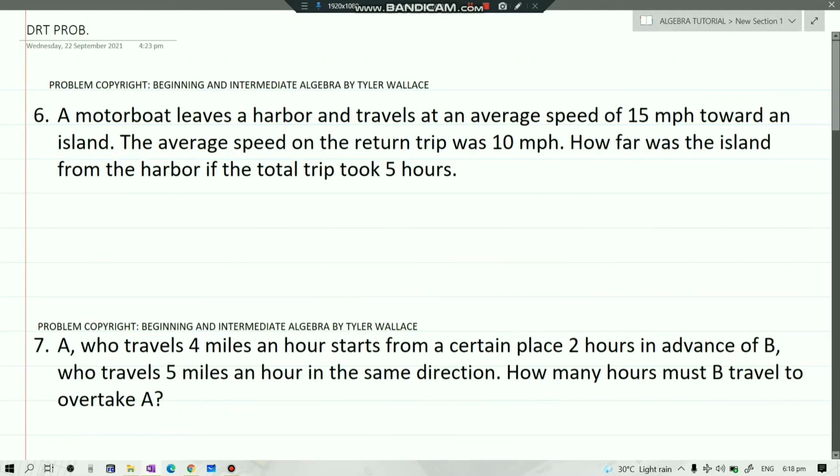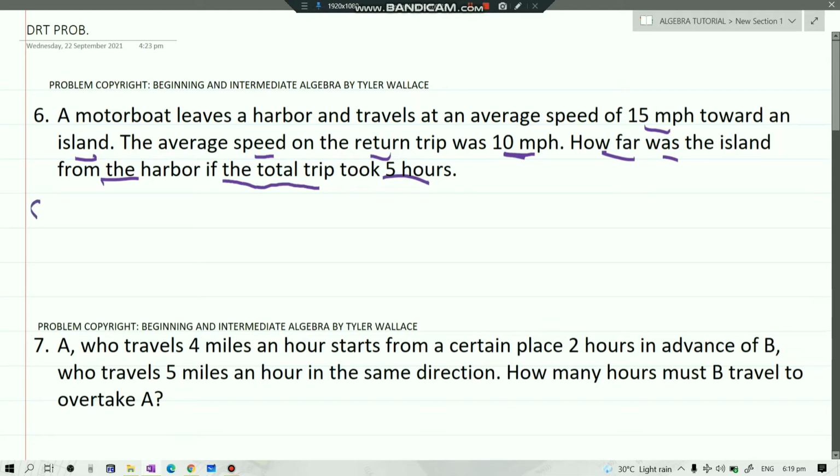Okay, for the next problem, so a motorboat leaves a harbor and travels at an average speed of 15 miles per hour toward an island. The average speed on the return trip was 10 miles per hour. How far was the island from the harbor if the total trip took 5 hours?